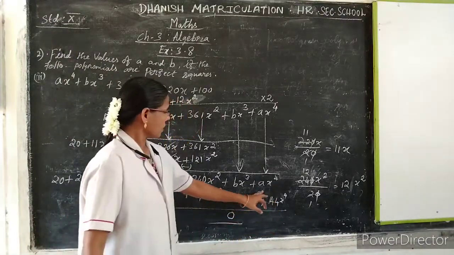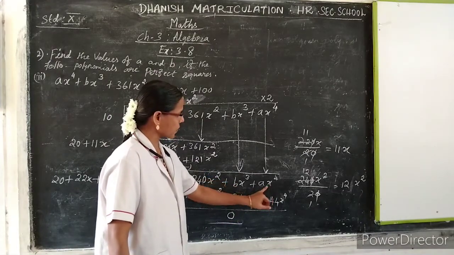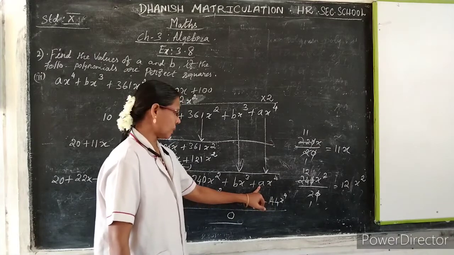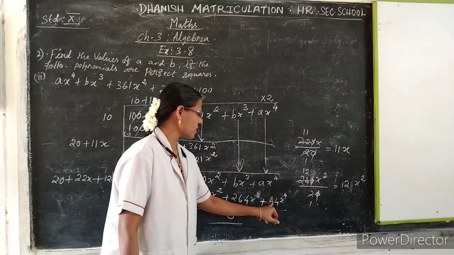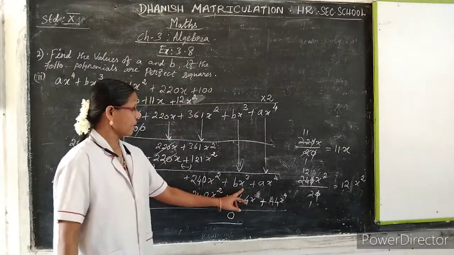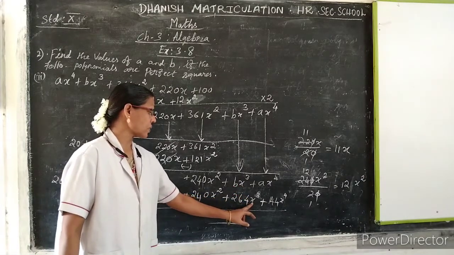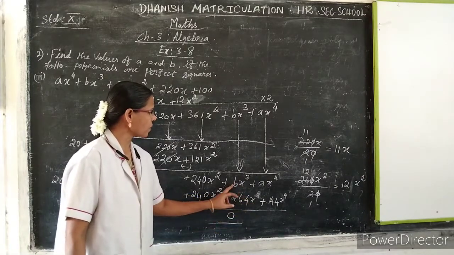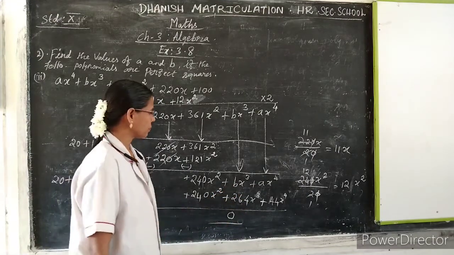So what is the answer for a? The coefficient of x power 4 is our unknown a. Here the coefficient of x power 4 is 144. Therefore the value of a is 144. Here the coefficient of x cube is b, and here the coefficient of x cube is 264. Therefore the value of b is plus 264.